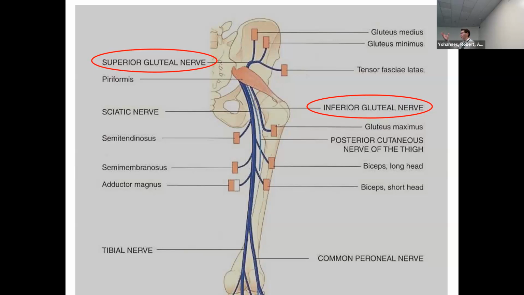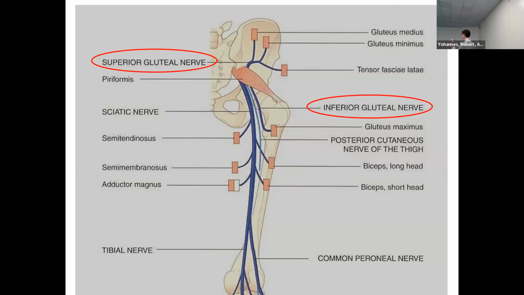Remember, the inferior gluteal nerve innervates the largest and strongest muscle in our body, in our butt, which is important for our hip extension, which allows me to rise from the chair, to rise from the toilet, to walk, all those proximal movements, to run from chasing a lion, right? And the roots that control it are L5, S1, and S2.